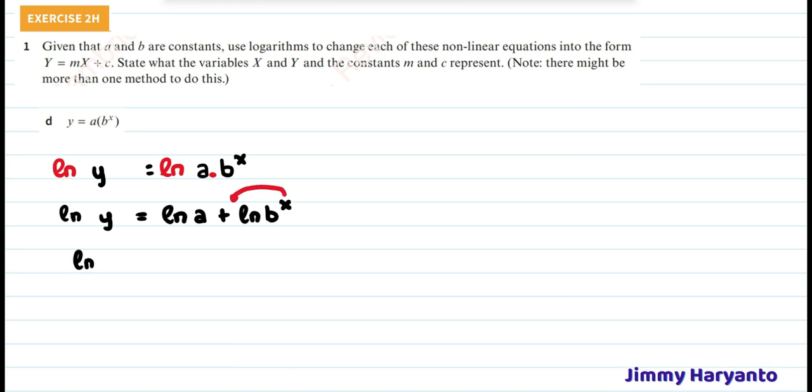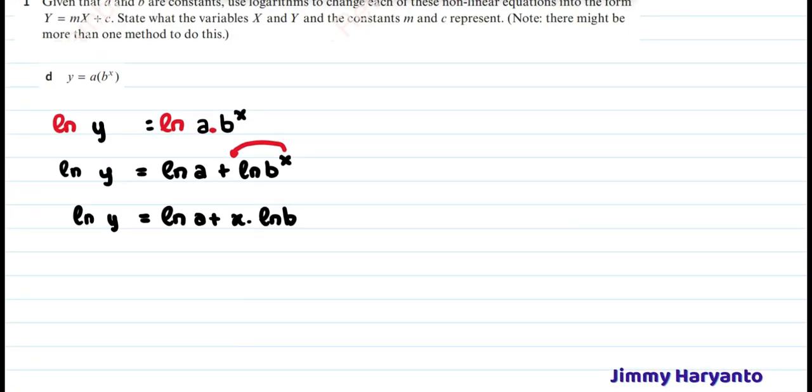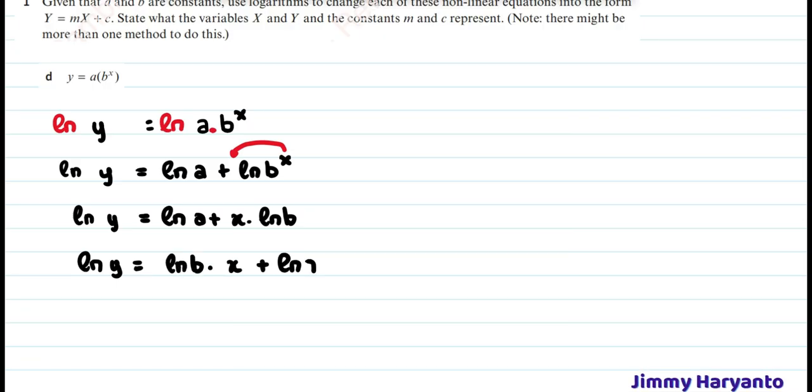You can move the x, so you'll have ln a plus x times ln b, and then if we rearrange this into ln y equals ln b times x plus ln a, we can see that our expression is similar to y equals mx plus c. Okay, that is the solution for 1d.